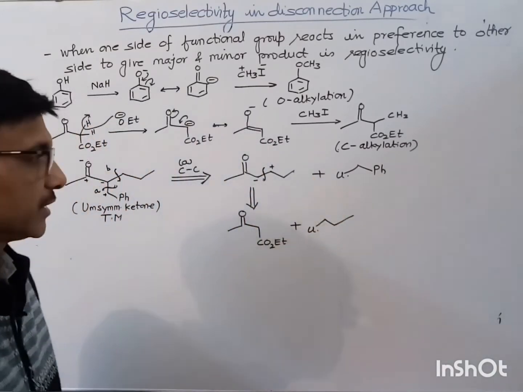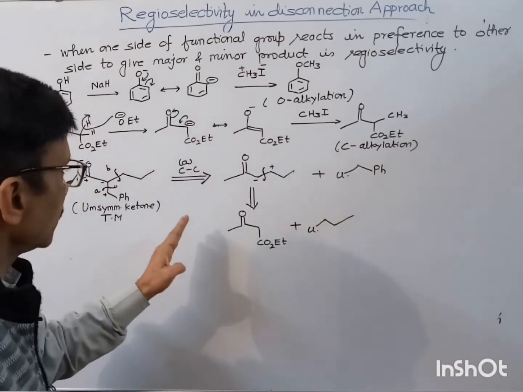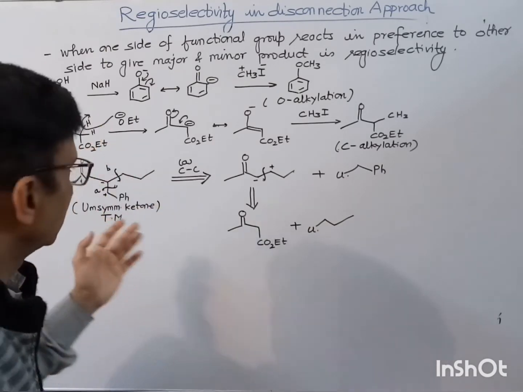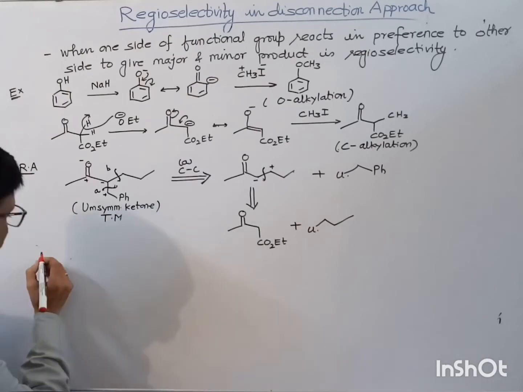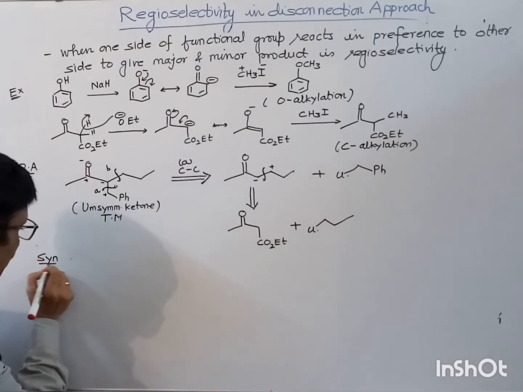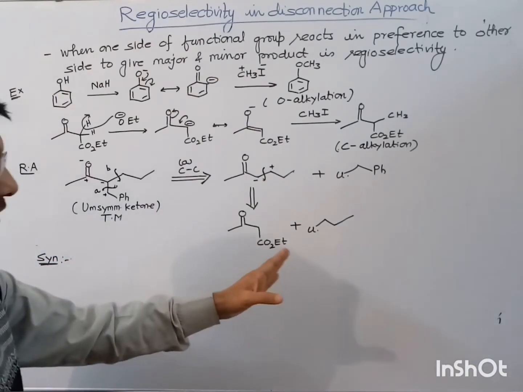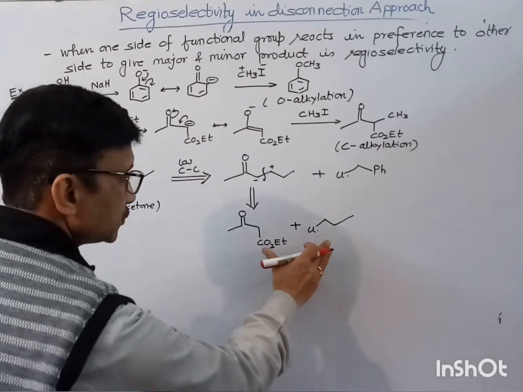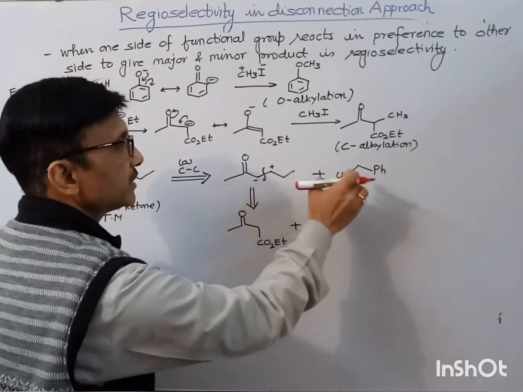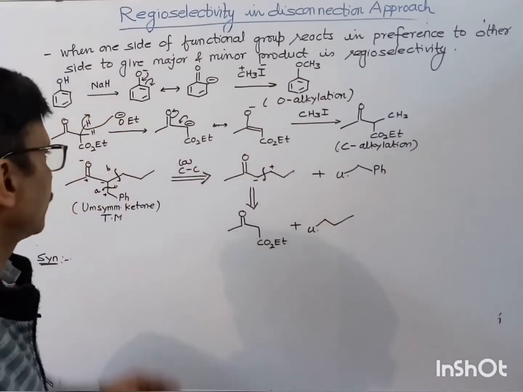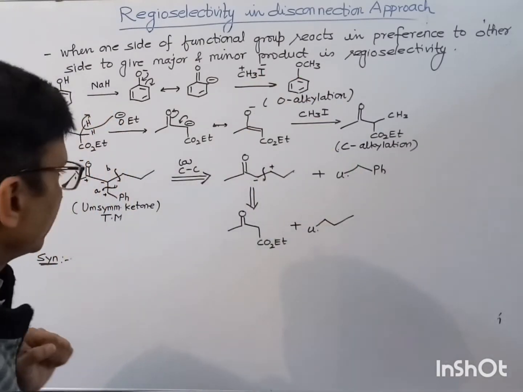This is the retrosynthetic analysis of this unsymmetrical ketone. If you want to write the synthesis, you go in the reverse direction. First take these two synthetic equivalents, you will get this, then react it with this synthetic equivalent, and finally you will get this unsymmetrical ketone.